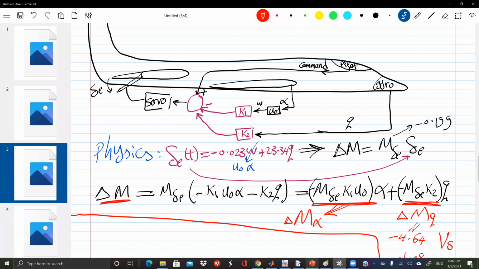So we can still have feedback superimposed to the pilot command going directly to the elevator servo. The only difference is that if it's fly-by-wire, the command will not go directly to the servo. It will go to the computer first. It's just an additional layer to this. Okay, interesting. Thank you.